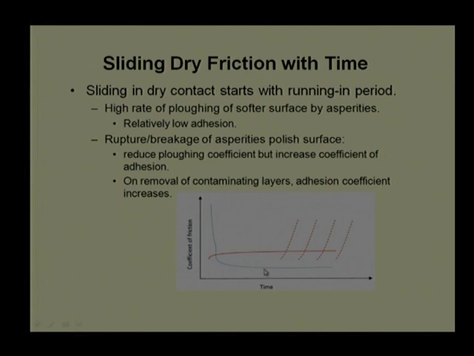Here, even though there is a possibility of further rupture of asperities, there is a possibility that they will remain as debris between the interface. So, two-body and three-body overall will come to equilibrium and give a steady value of coefficient of friction. Coming to the second one, there is a red color line.